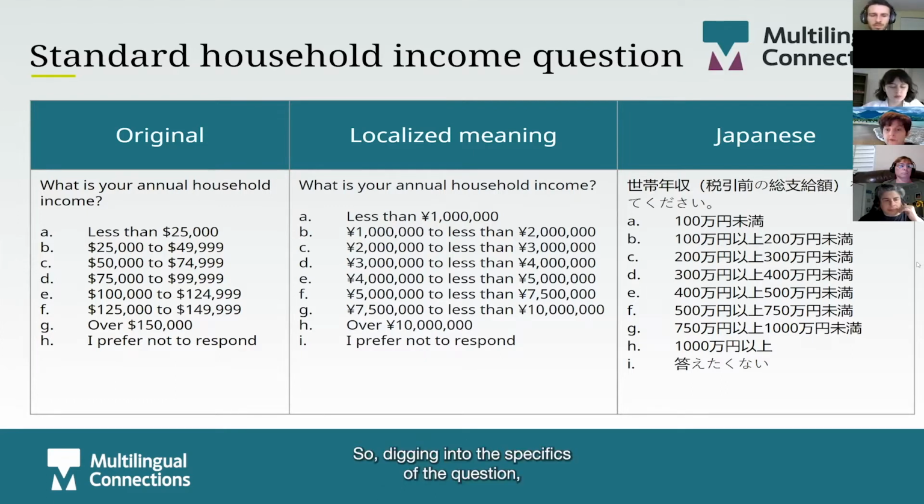So this digging into the specifics of the question and how the options would be interpreted by the participants was an additional step that we considered essential as a language partner, so that our client could provide screening questions that would be very relevant and would get them the best answers from participants.